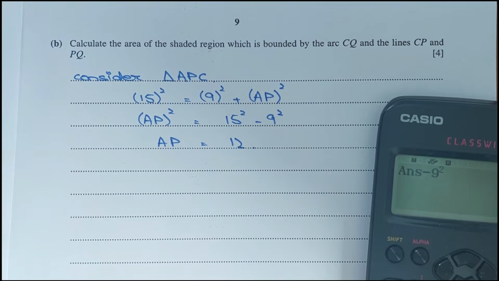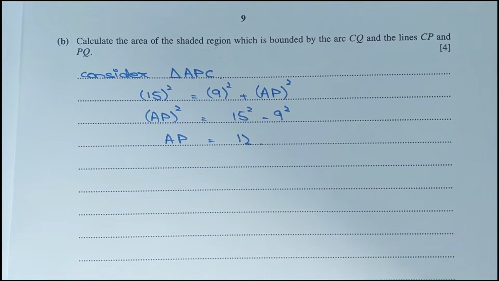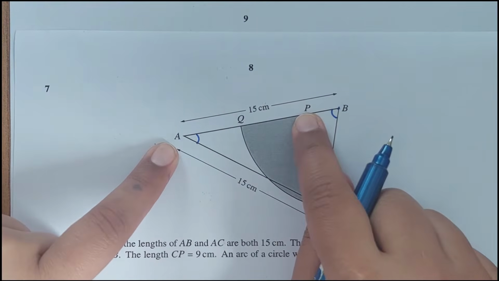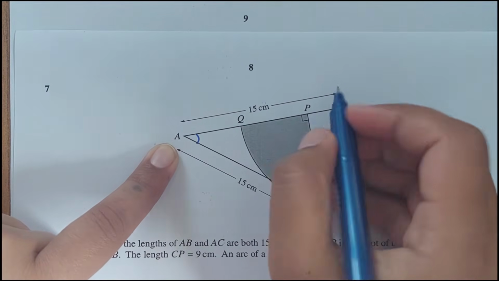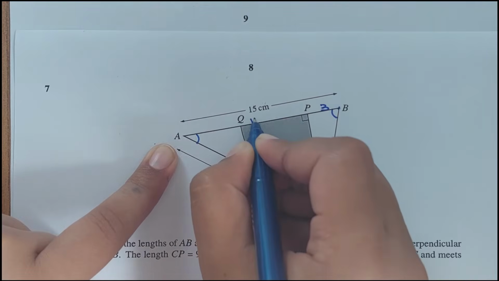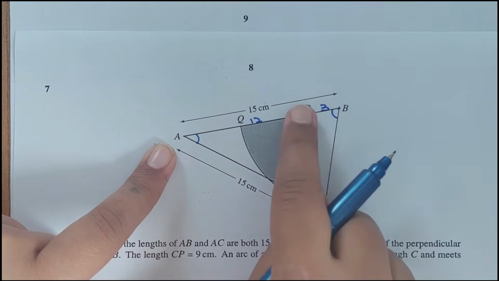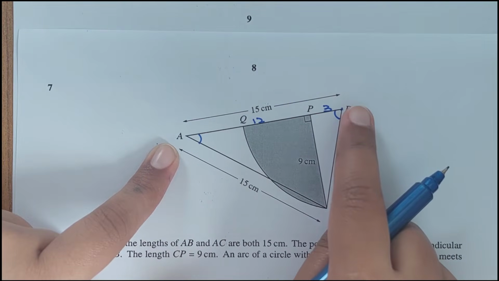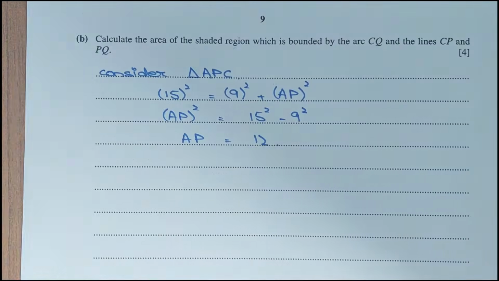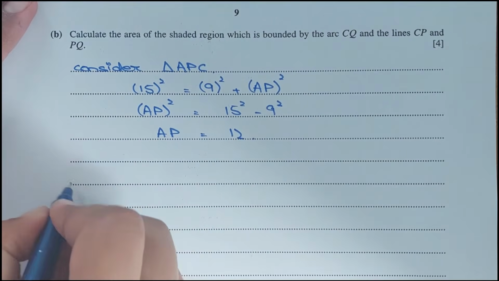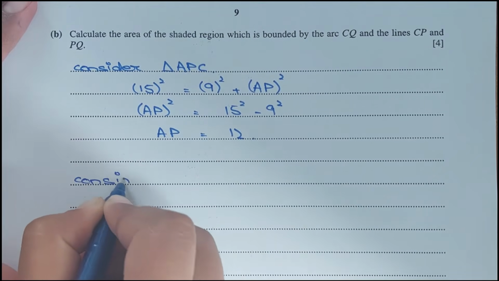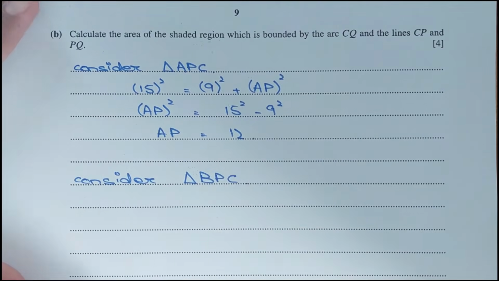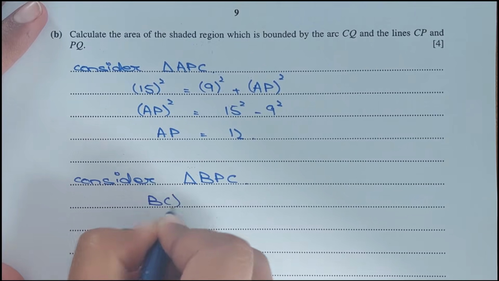Since AP is 12, let me show you. A to P is 12, the whole length is 15, so this length is 3. Again, considering the right angle triangle BPC and applying the Pythagoras theorem, the hypotenuse is BC, which we have to find.